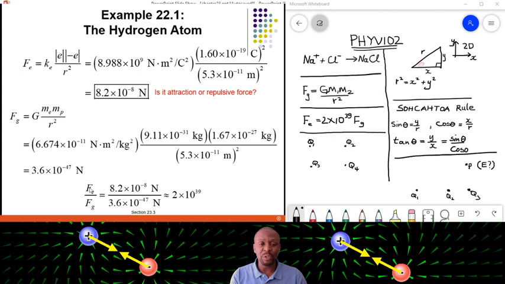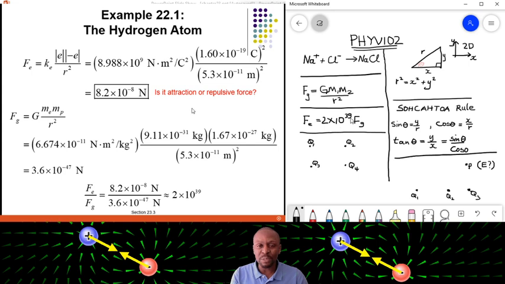When you take the ratio between the electric force and the gravitational force, you can see that the electric force is much greater than the gravitational force. As a result, when we talk about electrons and protons, there's no need to talk about the gravitational force because it's so small.